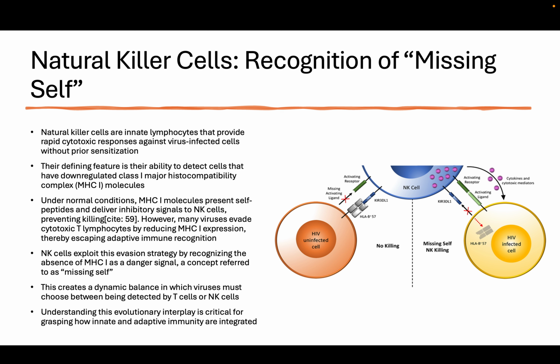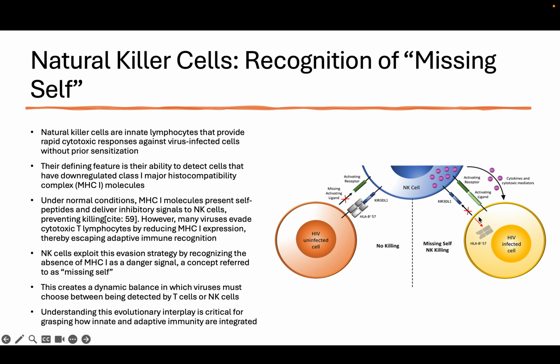But as we've spoken about before, viruses love to stop the upregulation of MHC1 in the cell, at the plasma membrane, sorry. So they try to take it down. In infected cells, for example, here you have HIV in an infected cell, and you do not have this MHC1 anymore.